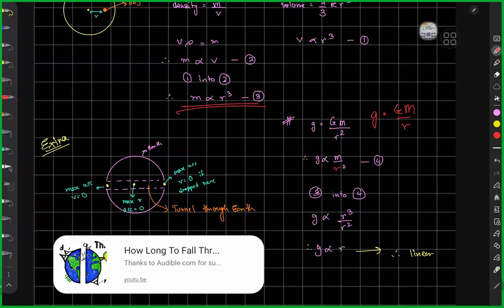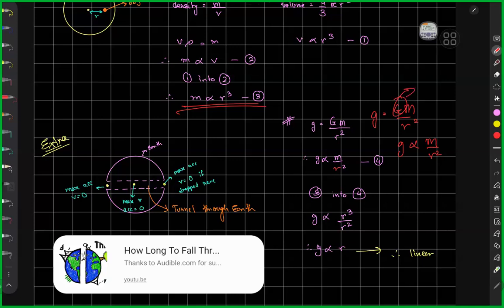So g is proportional to M by r squared, because I'm omitting, sorry, which constant am I omitting over here? The gravitational constant.